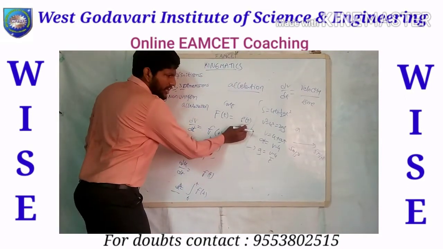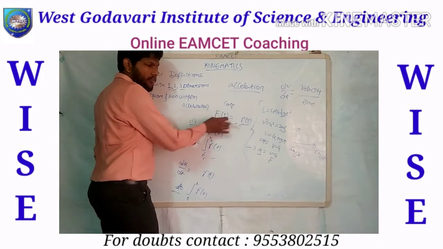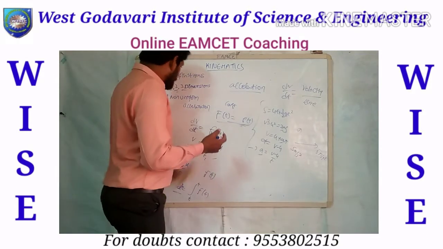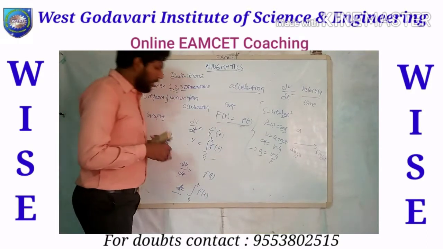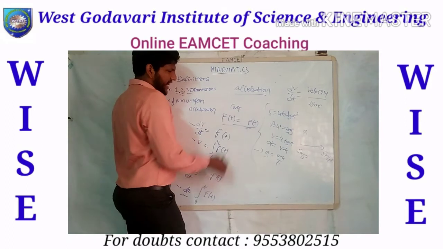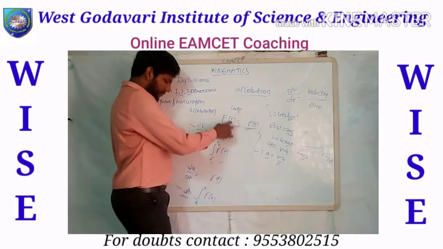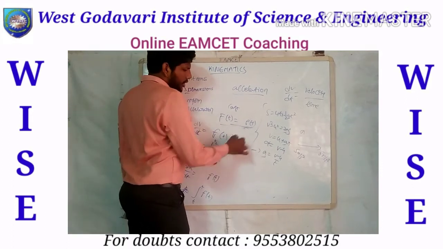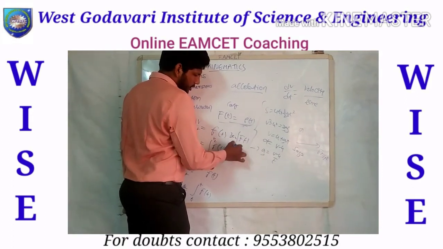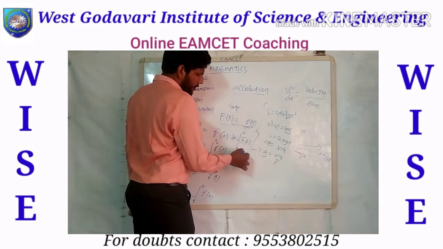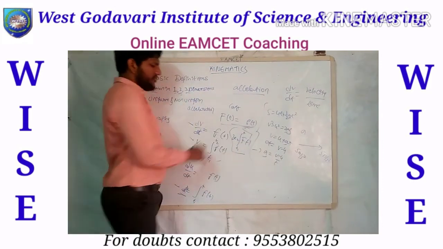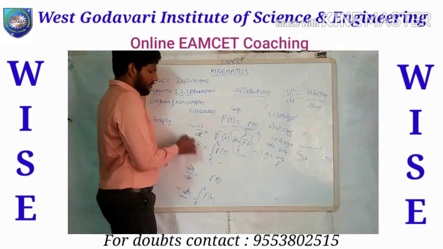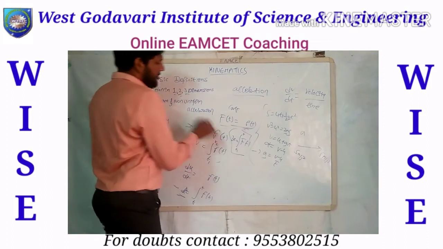This is the equation if you want to work with non-uniform accelerations. So x equals capital F of t between limits t1 to t2. This is the motion equation for displacement as a function of time, this is the equation for velocity as a function of time, and this is the acceleration.